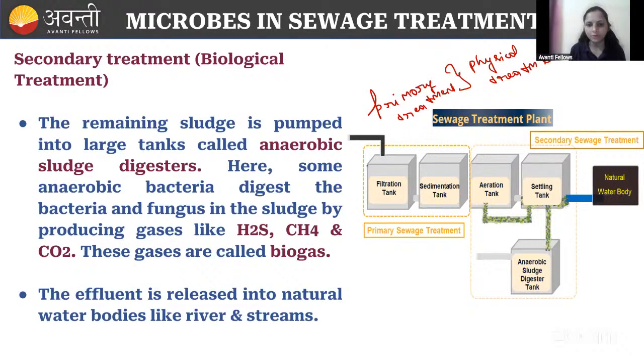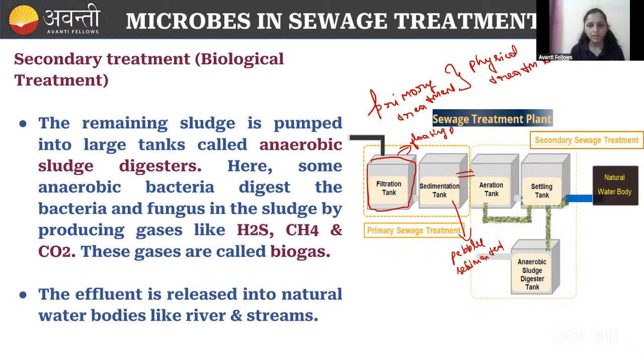In the physical treatment, first the water is filtered, and in the filtration we remove the floating debris. In the sedimentation tank, we remove all the pebbles and sediment. It will be sedimented, right?